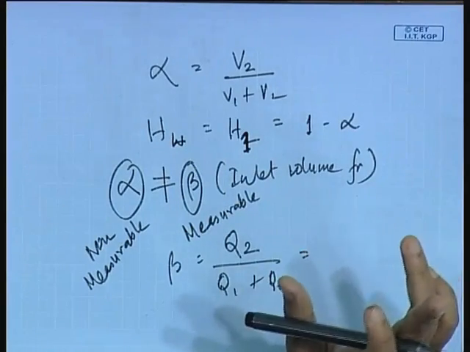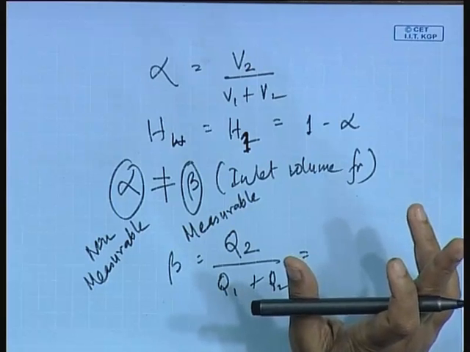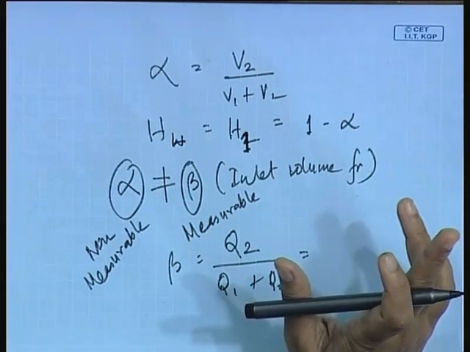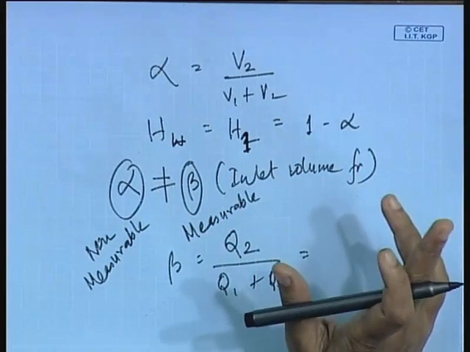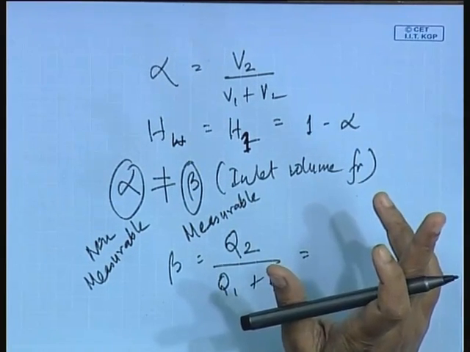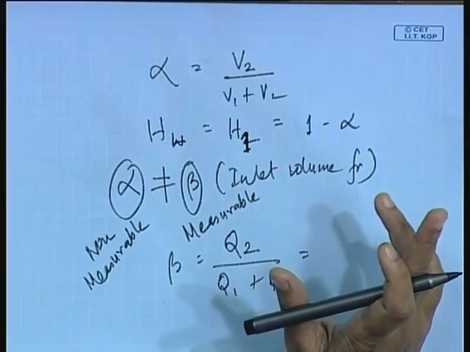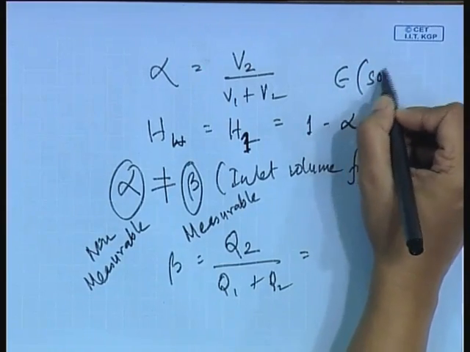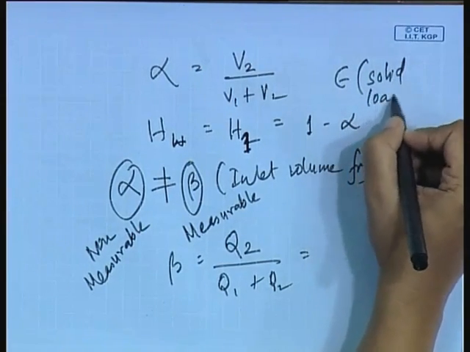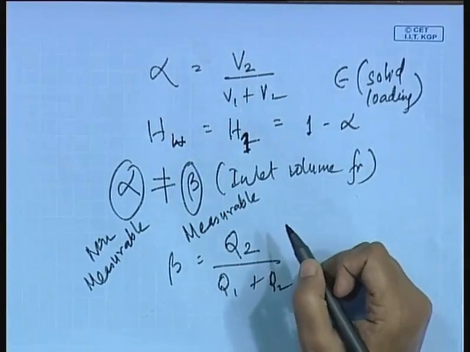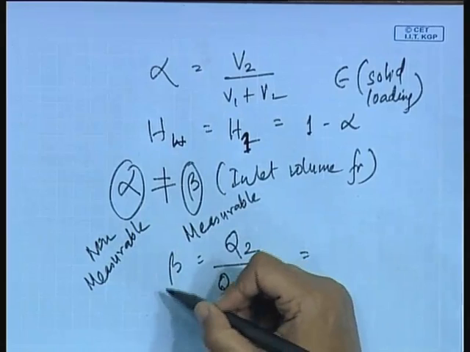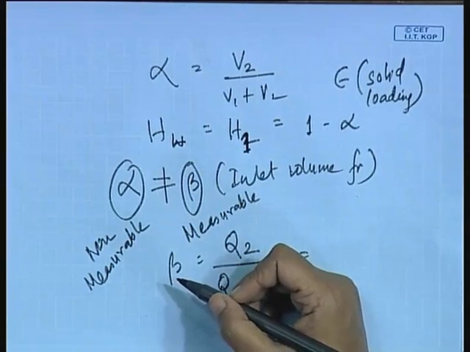It is the void fraction, or in other words, the in situ gas fraction, and therefore it usually refers to the lighter phase. Of course, when it is solid liquid, then under such circumstances we usually refer to solid loading as epsilon, unlike alpha. But tell me, if I would like to express beta in terms of velocity, how should I do it?